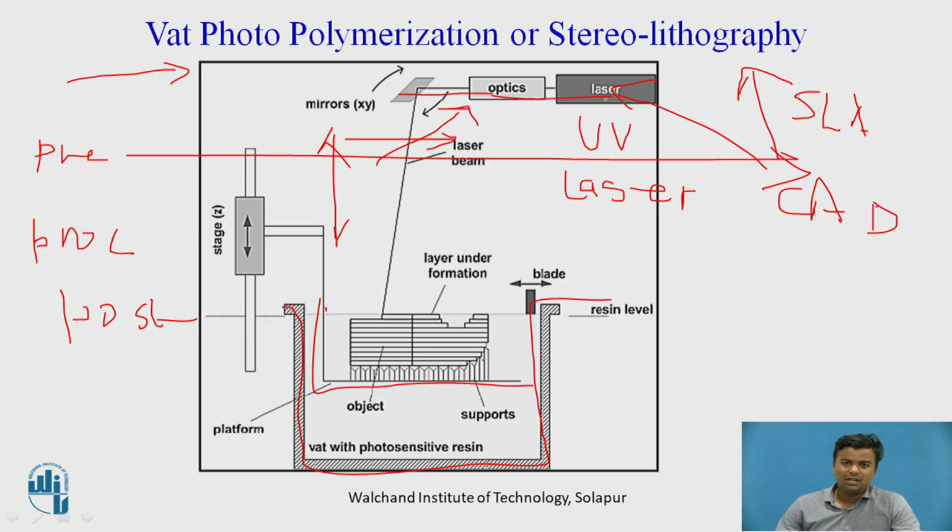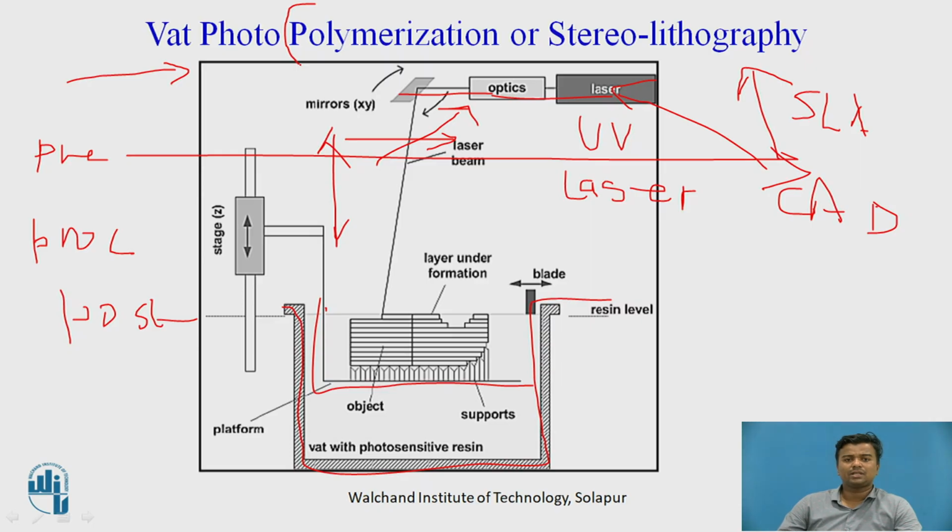Now, whenever your UV laser touches the epoxy resin, which is in the form of liquid, before that you should preheat your UV laser, that is the power source, and also your build-up platform, and only after that the layers will stick to the build-up platform. Whenever it touches the liquid resin, there will be a process called photopolymerization.